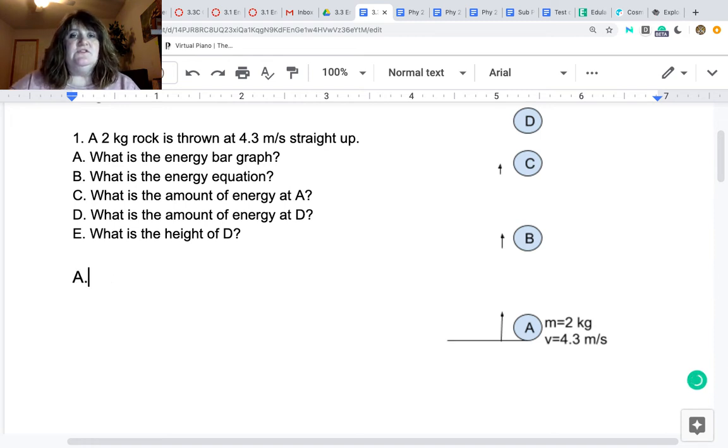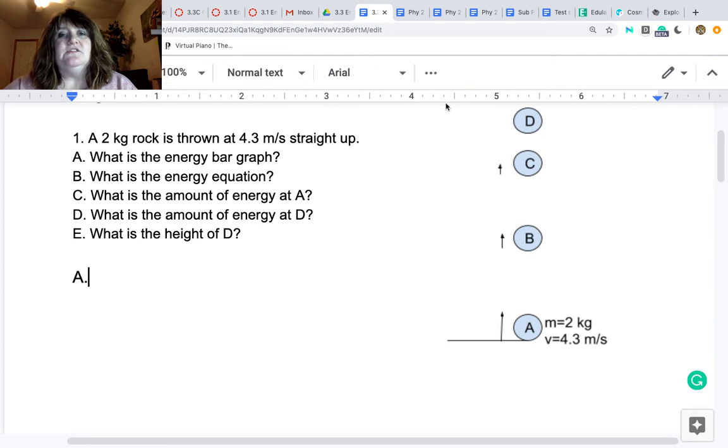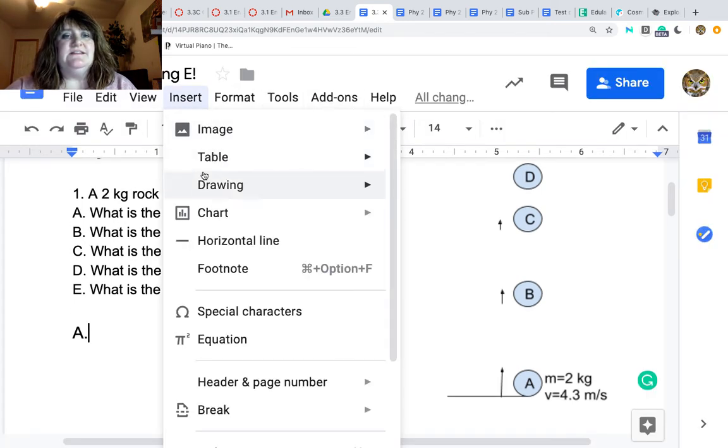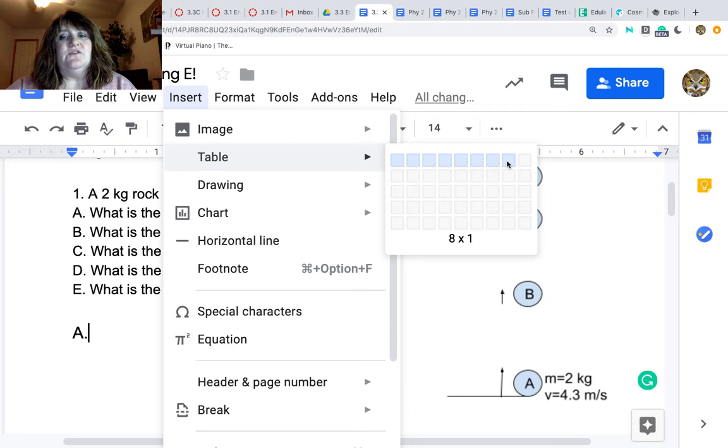In order to do that, we're actually going to insert a table. I'm going to insert an 8-column, 6-row table.